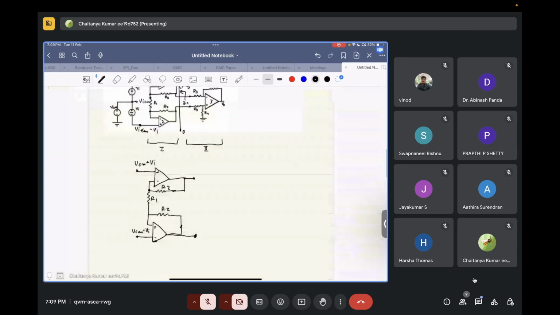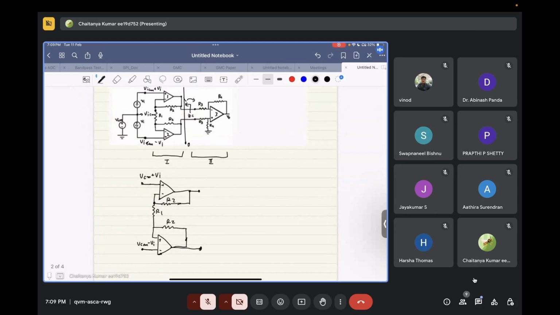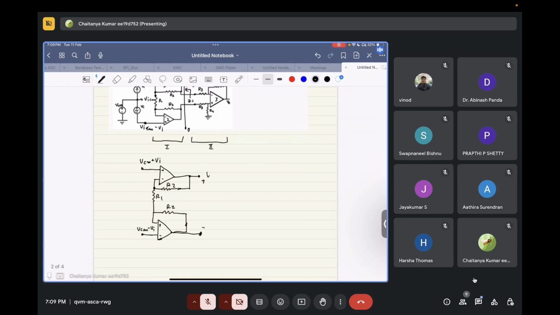Correct? This is how the first stage of the circuit looks, right? So we have to find out the voltage between this node, I mean the differential voltage. Now that differential voltage later on will be converted to single-ended in the second stage. We will worry about that later. So let's call this VOP and let's call this VOM. So let's try to find out the voltages. So what will this voltage be equal to?